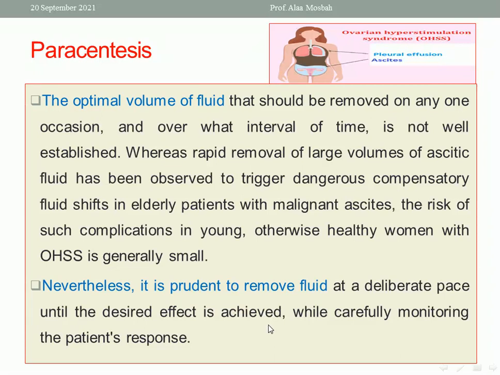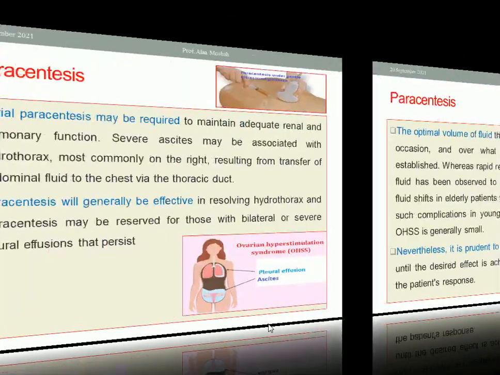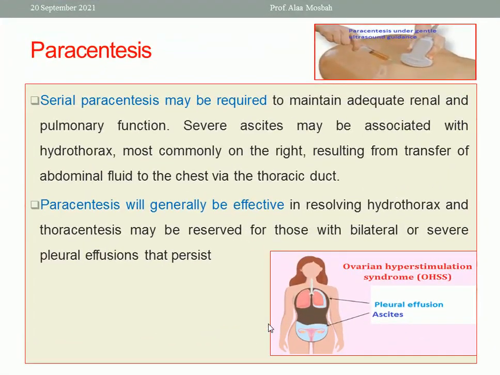Nevertheless, it is prudent to remove fluid at a deliberate pace until the desired effect is achieved, while carefully monitoring the patient response. You may want to repeat the paracentesis many times. It's okay, no problem.